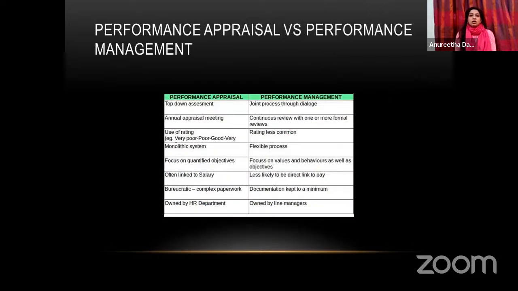So what I have understood is that performance appraisal focuses on, if you have seen the rating scales, right? If you have seen the critical assessment, 360 degree appraisal, MBO, if you remember all those methods, you must have seen that all those judgment parameters of employees are based on who is poor and who is good, right?